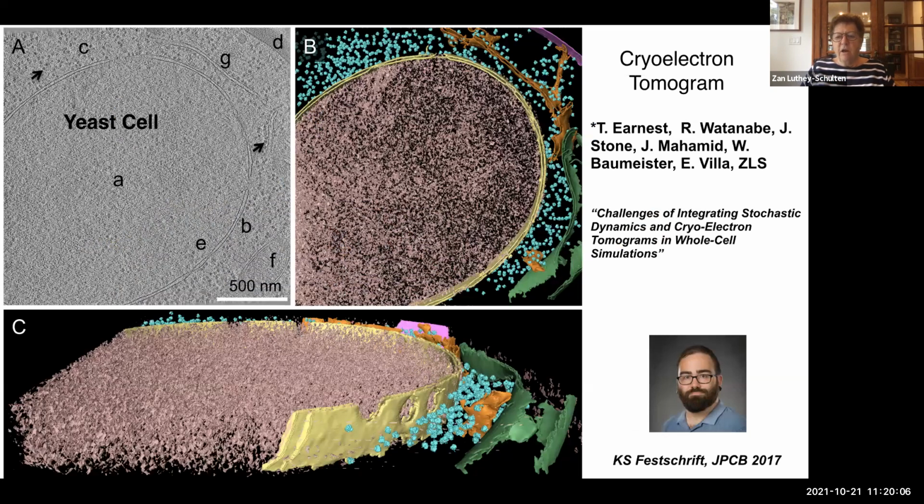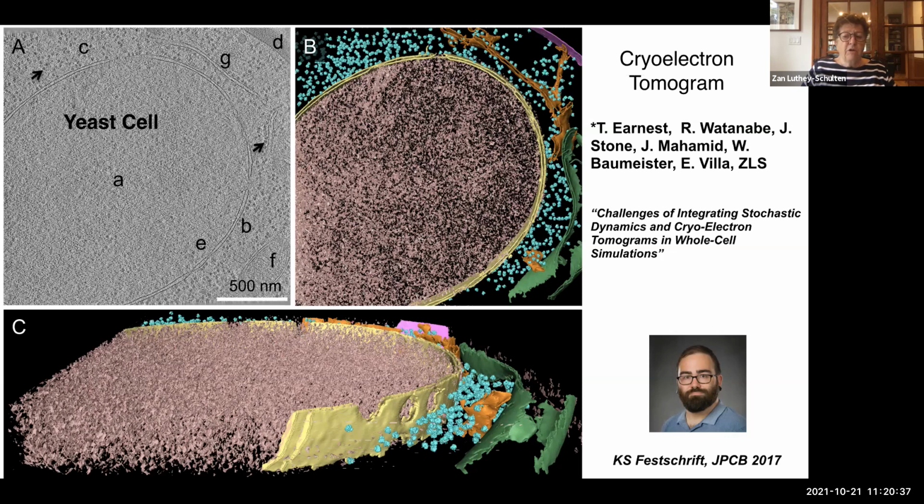This is on trying to do stochastic dynamics and integrate those with the tomograms, but we do it for yeast now. So the tomograms are coming from Elizabeth Villa and Wolfgang Baumeister, and we will then later on look at a HeLa cell, and there the tomograms were coming from Julia Mahamid.